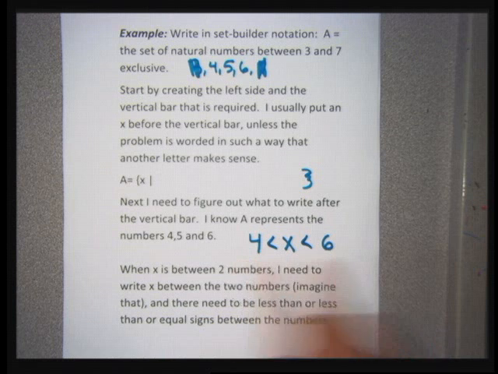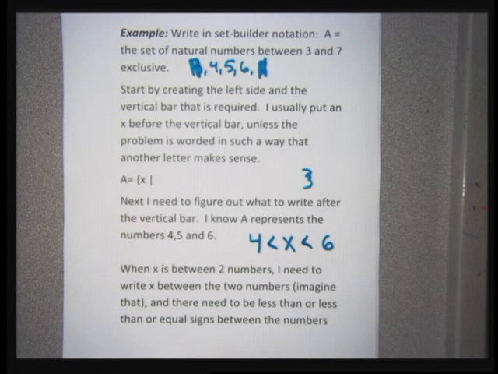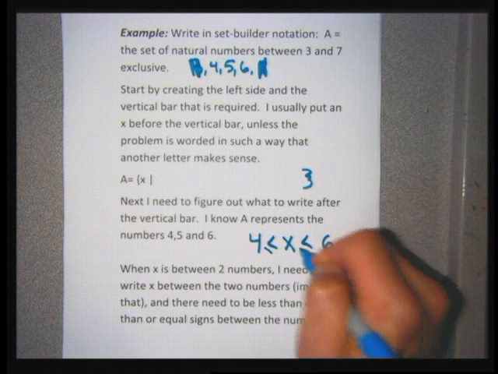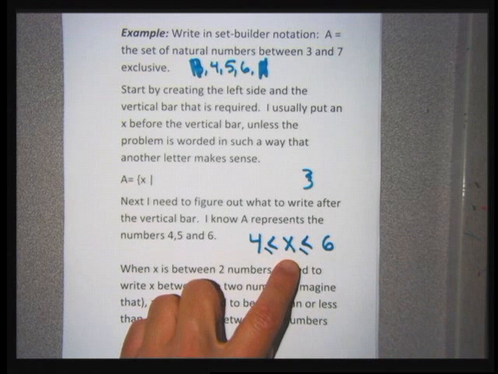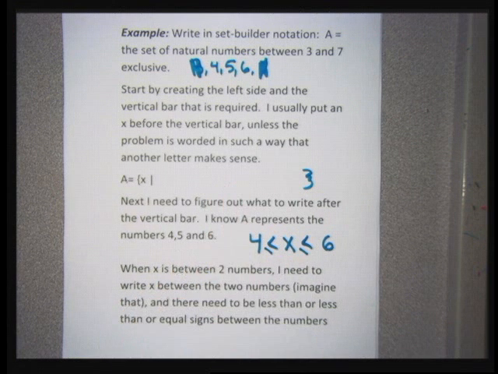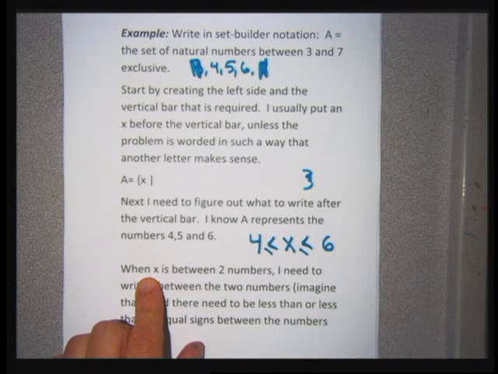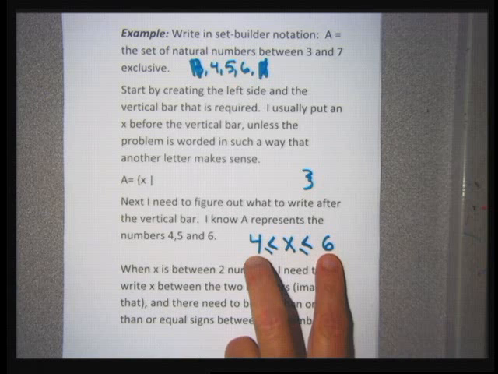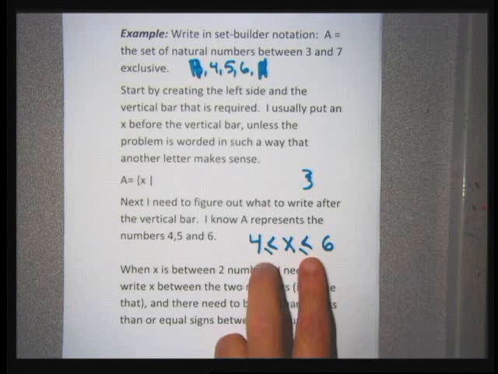This would describe x being between 4 and 6, but it wouldn't include the 4 or the 6, because less thans don't include the endpoints. If I popped an or equal to on these, it would say 4 is less than or equal to x, so x can be 4, and x is less than or equal to 6. So this is something that's going to go in my set builder notation when I flip on to the next page. Generally, if I'm asked to write set builder notation and x is between two numbers, I start off by writing the x between those two numbers, and I only ever put less than symbols.